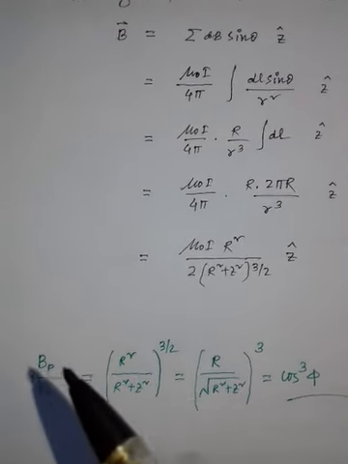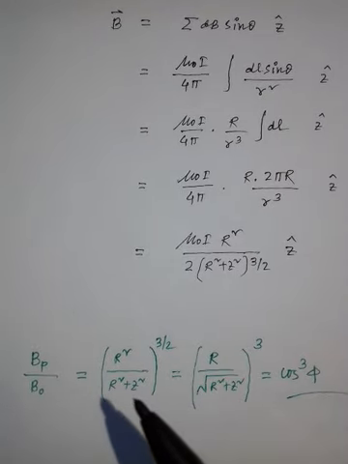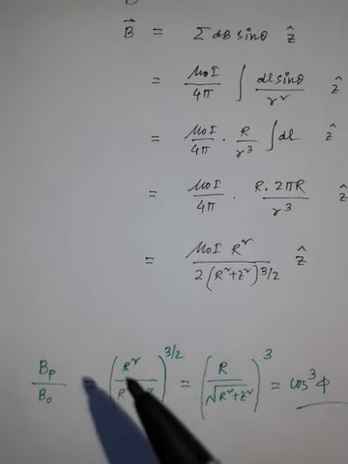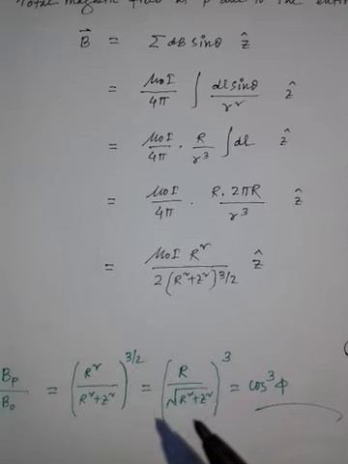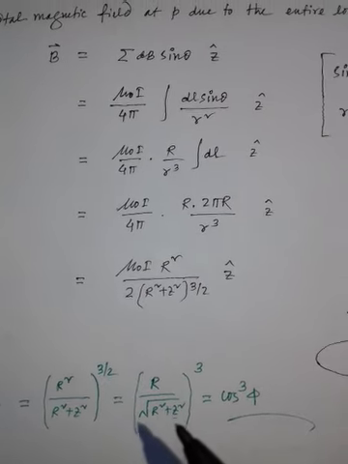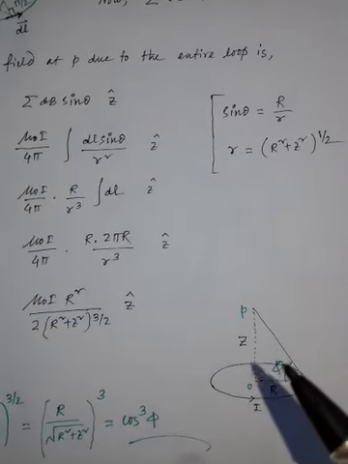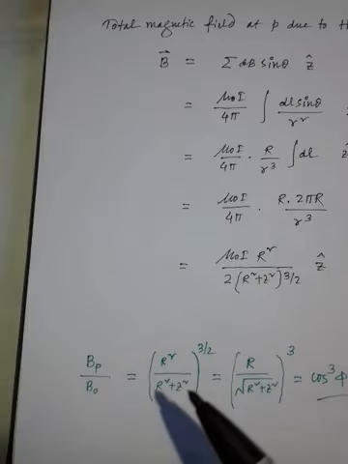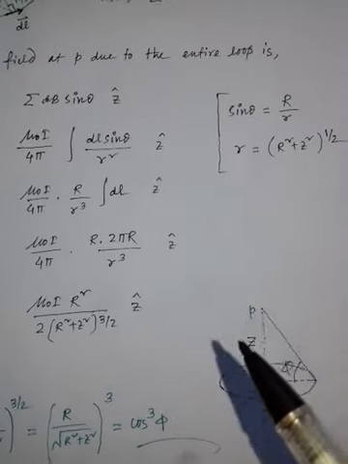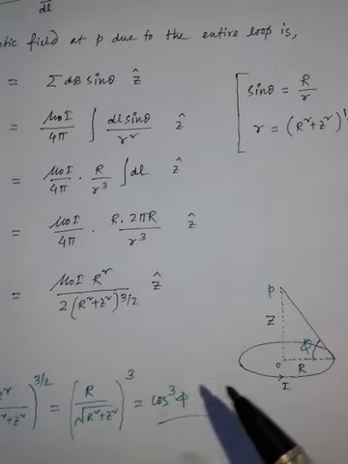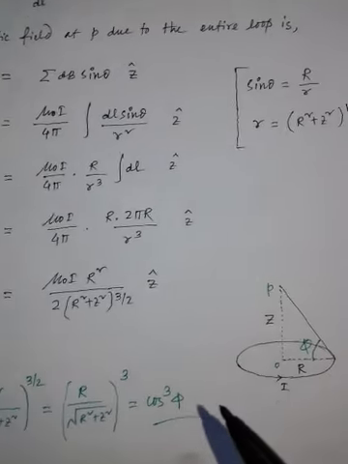So ultimately we get r square by r square plus z square to the power 3 by 2. This ratio turns to r by root over r square plus z square to the power 3, that is cos cube phi. So B_P, that is the magnetic field at P, is equal to B naught cos cube phi.